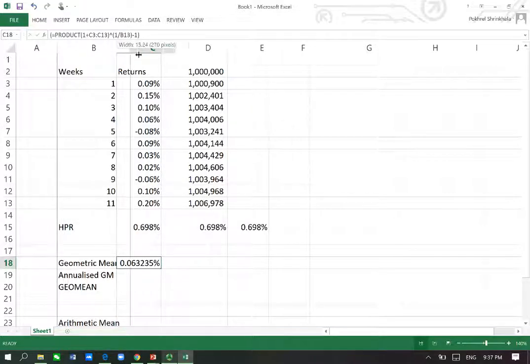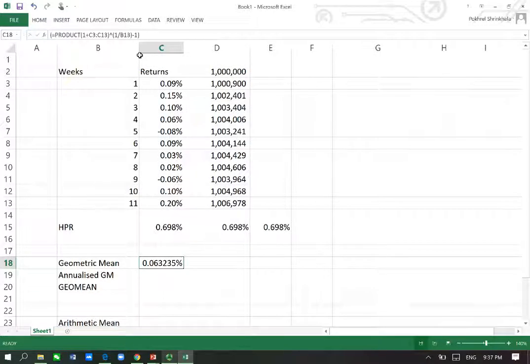So in investment management, the geometric mean is more popular and important than arithmetic mean. Okay, so therefore we use geometric mean, and I will tell you the reasons in this video.